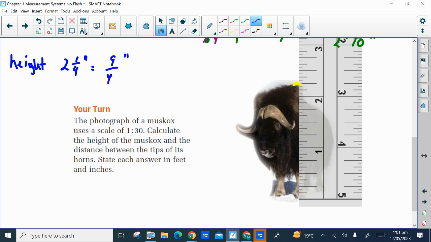When you convert that to an improper fraction, we need to multiply by 30 because that's our scale factor, 30 over 1. Once again, we can divide top and bottom by 2 to make it a little simpler first. And so now it's 135 over 2 inches.